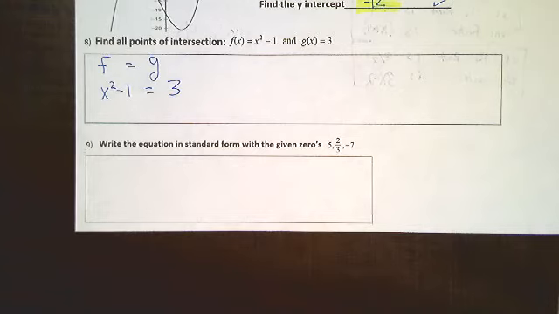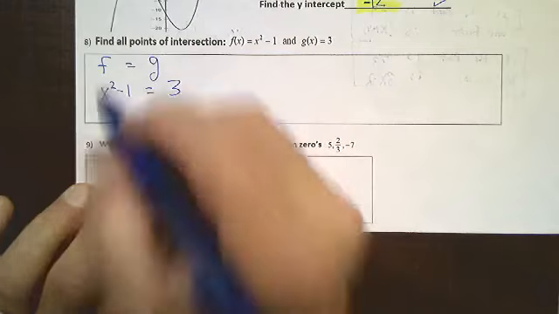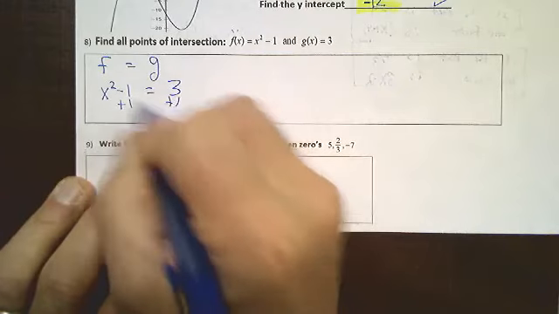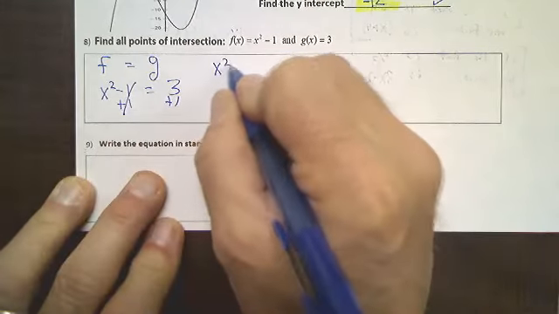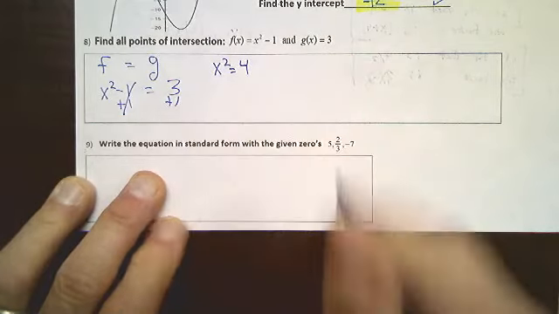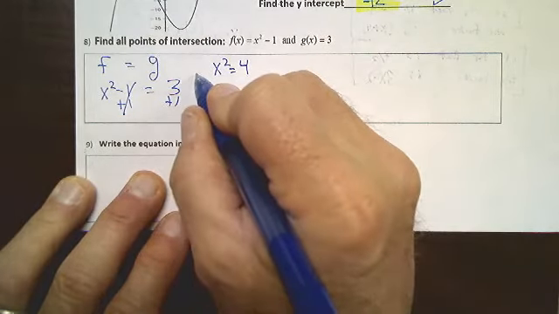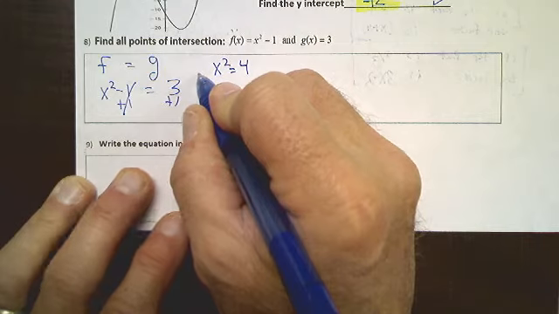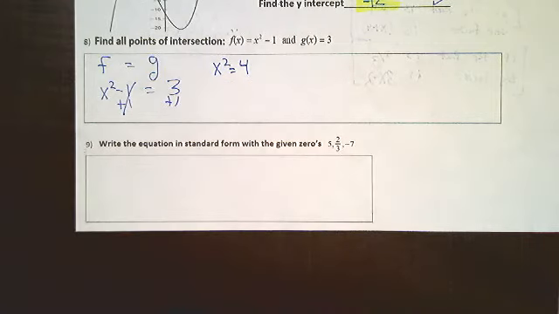I got 3. Mr. Ponzo, what do you do? Keep talking. And then I got x squared equals 4. I know there's something that you got to do.